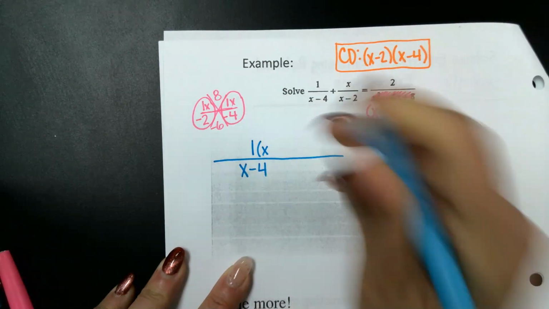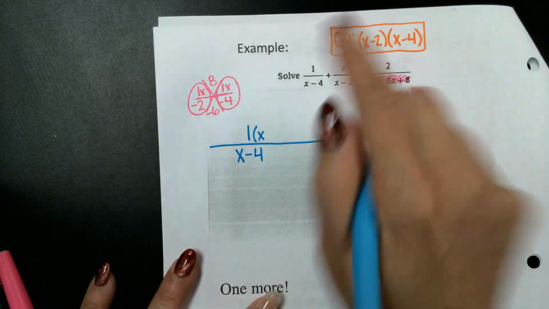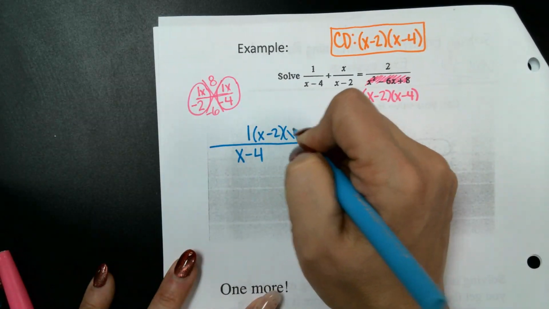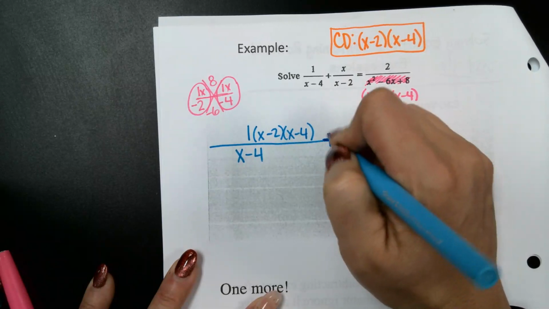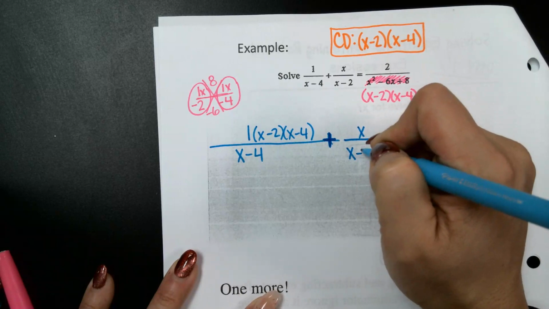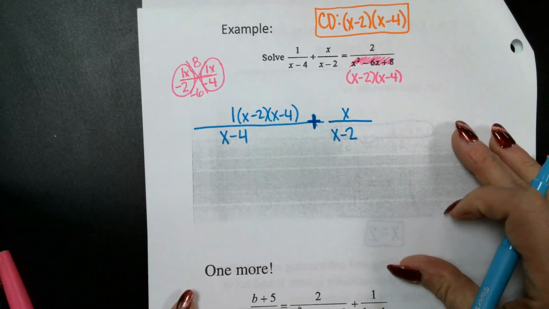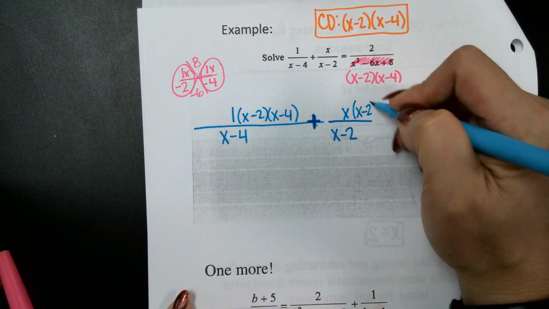Like here was the original first fraction, the 1 over the x minus 4. But then I'm going to put an x minus 2 and an x minus 4 next to it. I'm going to just squeeze this plus sign in right here. And then the second fraction started out as this, like x over x minus 2. But we need to multiply it by the common denominator.